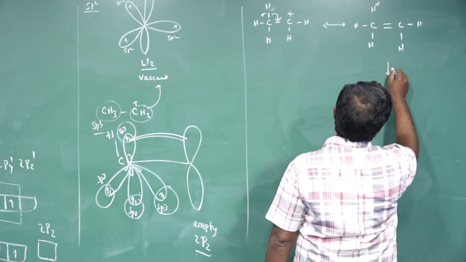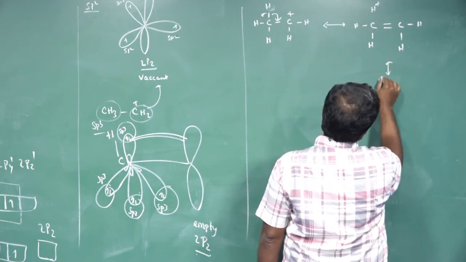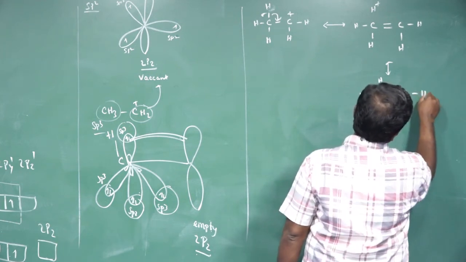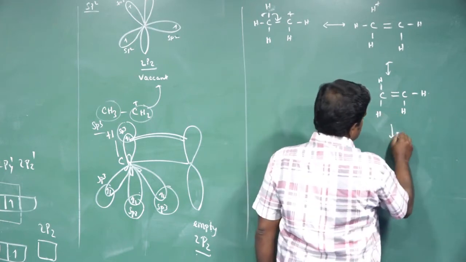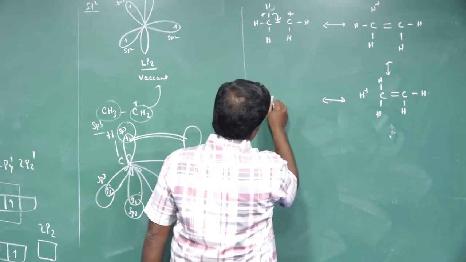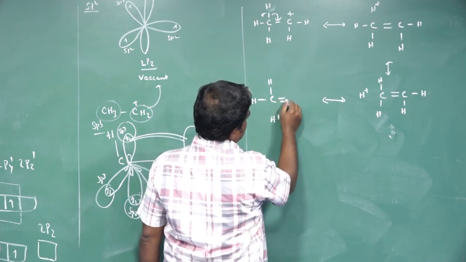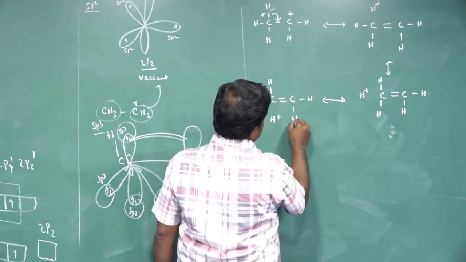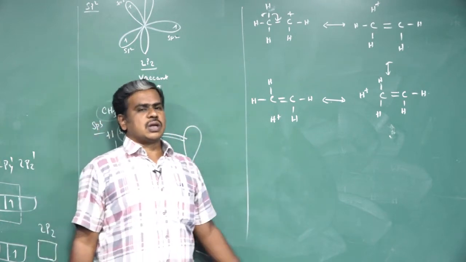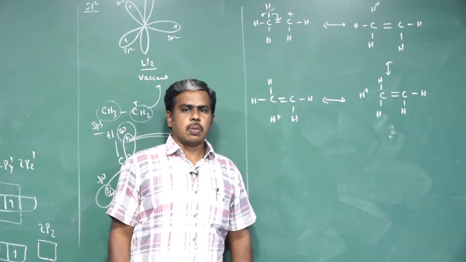So we are getting one more structure, that is carbon H plus bond hydrogen, double bond CH and that H. And it also undergoes resonance with this hydrogen, so that carbon bond hydrogen and H plus double bond C and H and that H. So these are ethyl carbocation canonical forms. These are known as Baker-Nathan effect or no bond resonance.